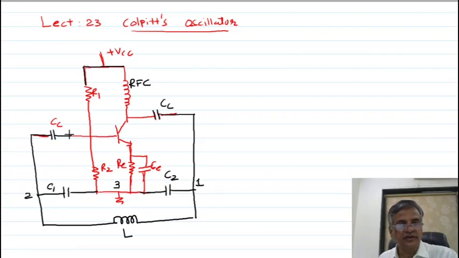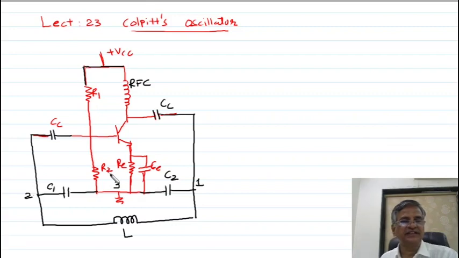To produce high frequency, we have to use an LC oscillator. There are more than two LC oscillator circuits, but we are discussing only two: the Hartley oscillator and the Colpitts oscillator.